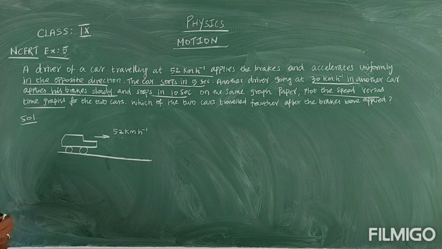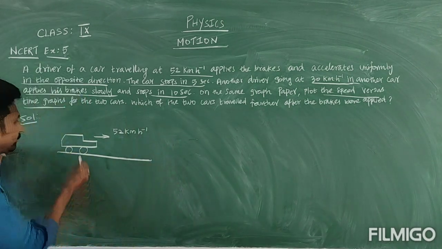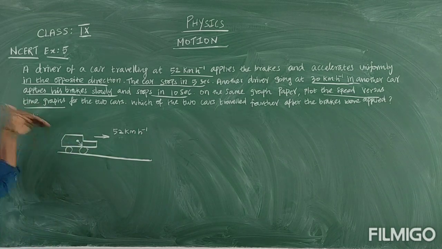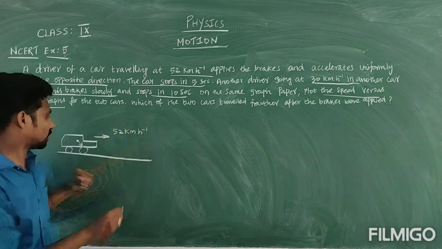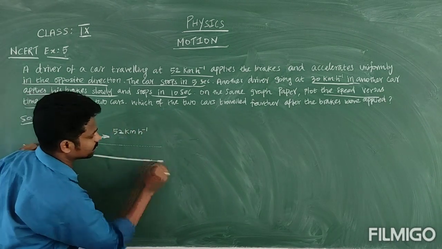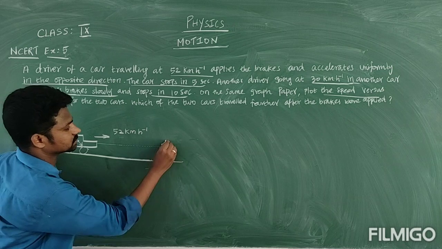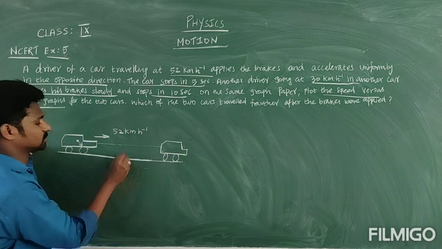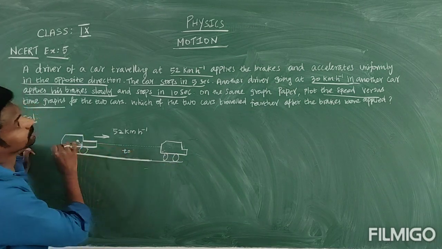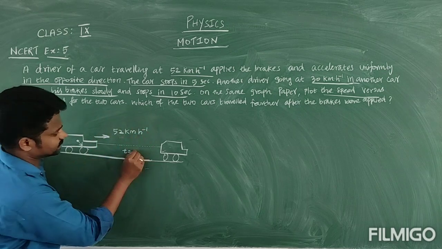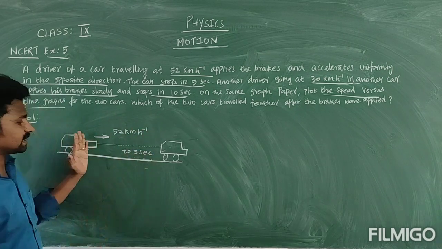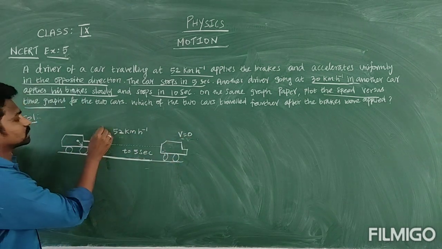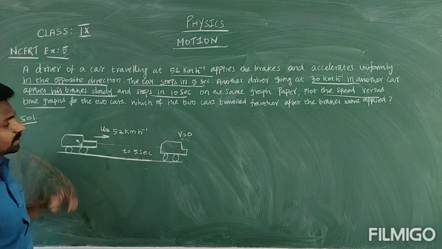Then he applied the brake, and after applying the brake it is going to stop in 5 seconds. So t is equal to 5 seconds. After 5 seconds its final velocity is 0, and the initial velocity is considered as 52 km per hour.